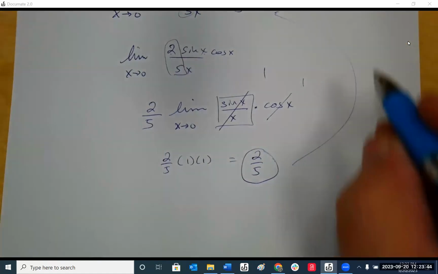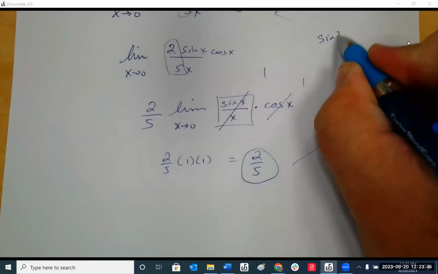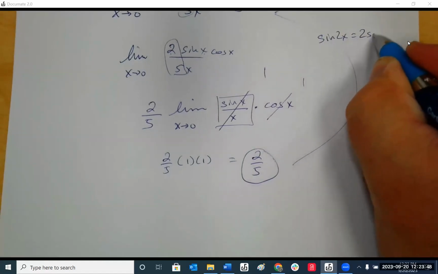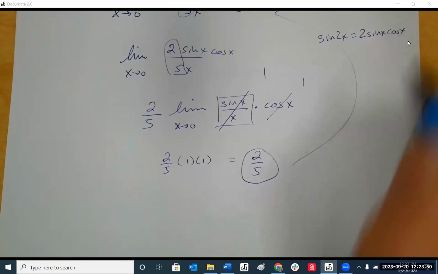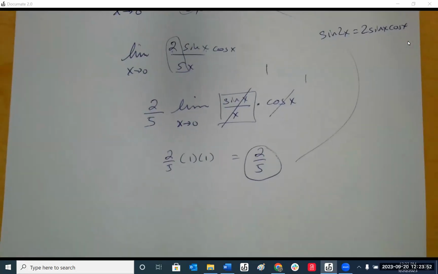Well, the double angle of sine 2x equals 2 sine x cosine x. If you ever get away from squared or multiple angles, then it makes it much easier for us. Got it? All right, let's look at example 6.